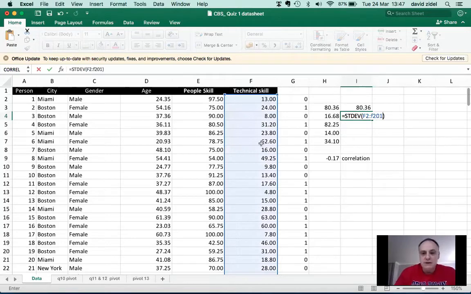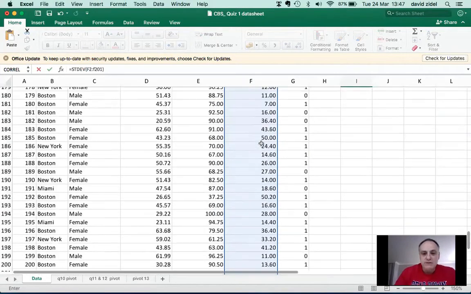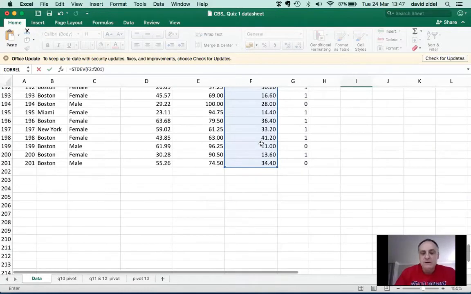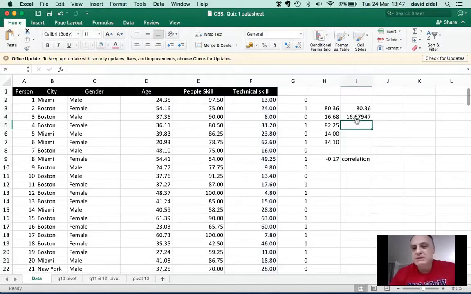You can see that it's highlighted it already in blue. Let's just make sure that we've got it to the right spot, and it is. If I hit that, that will give us 16.67947. Again, we just want to round it off to 2 decimal places, so it's 16.68. Okay, so that was your correct answer for that.